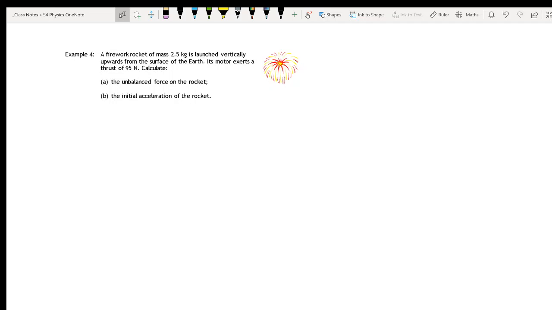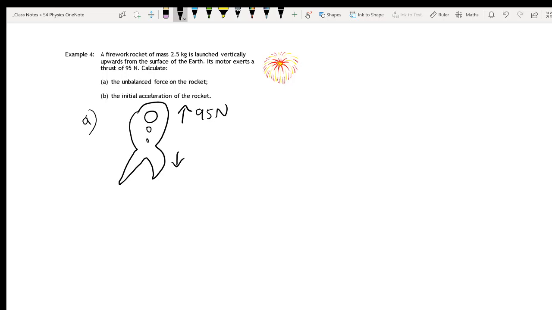So again, I like to draw a little diagram, and my rockets are really bad. There we go. Right, we have got an upwards thrust of 95 newtons. What is the force downwards on that rocket? Well, it's got something to do with 9.8.